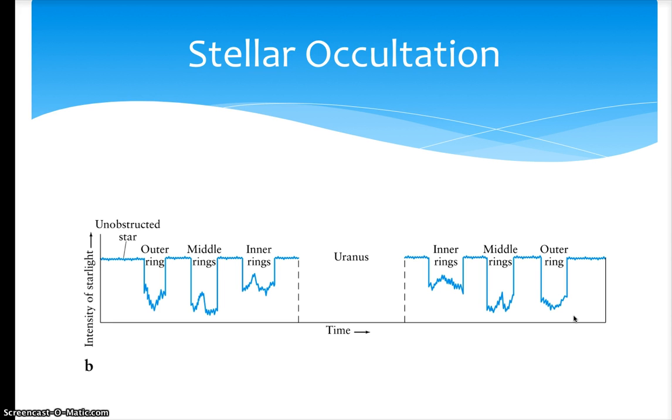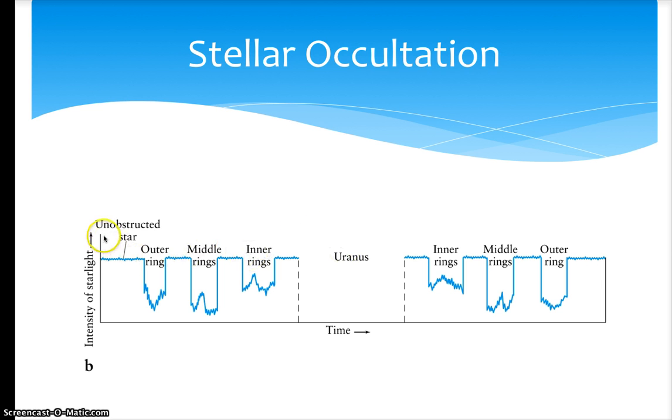So they were doing this study with Uranus passing in front of a star, and they were studying how the light was affected. If the light goes through Uranus's atmosphere, you can learn a little bit about what the atmosphere is made of. So that was sort of the purpose. But what they found, quite by accident, is they found the rings around Uranus.